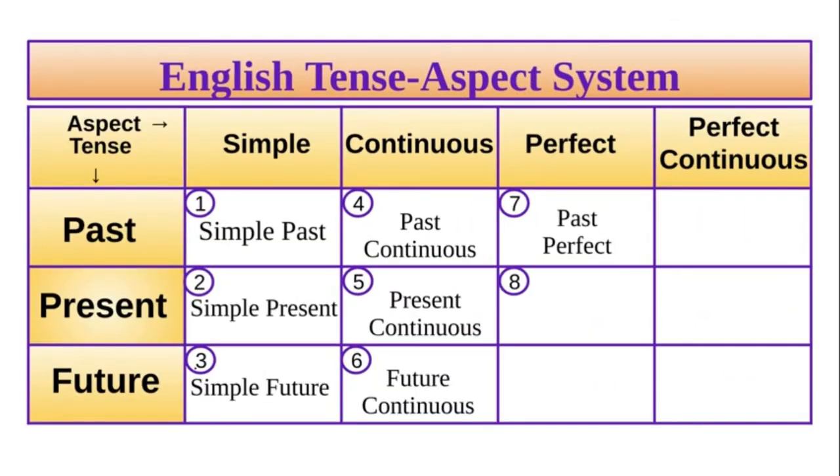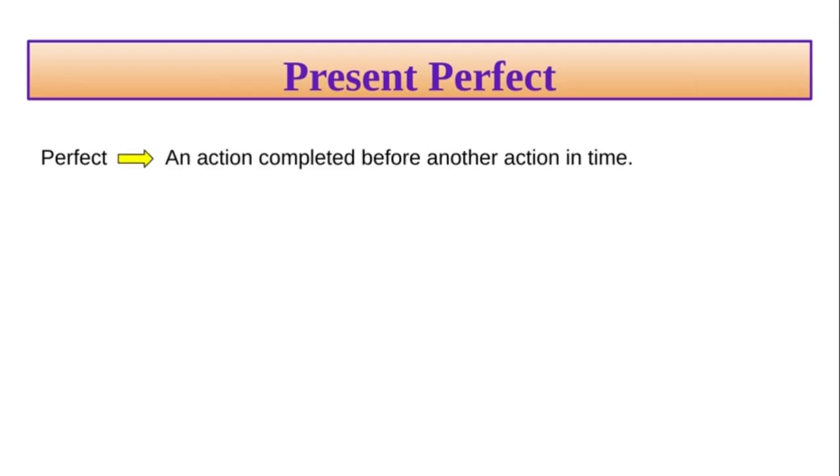The next English tense aspect combination, present perfect. Present perfect. The perfect aspect, an action completed before another action in time.